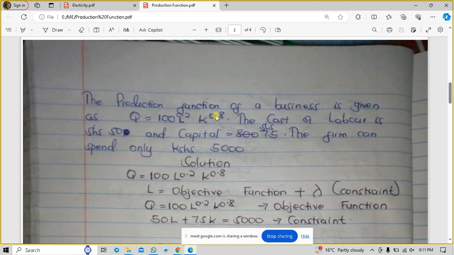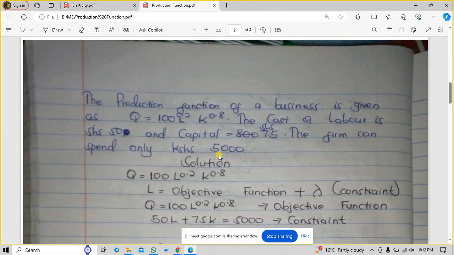Then you're told the cost of labor is 50 and capital is 75 shillings. So the cost of labor is represented by L. So L, the cost of labor is 50 and capital is 75 shillings. The firm can spend only 5,000 shillings.